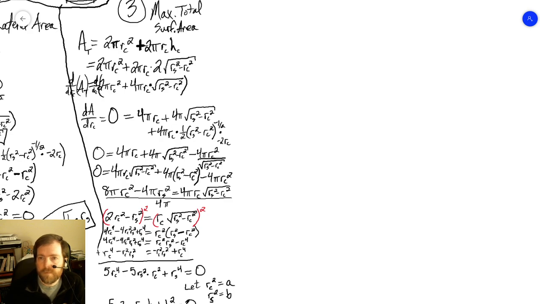Okay, so we got a equals 2 pi x squared plus 4 pi x, not k, times the square root of 1 minus x squared.